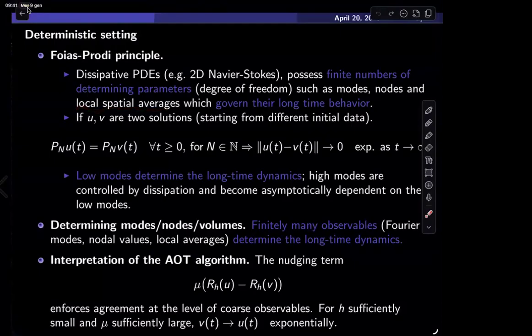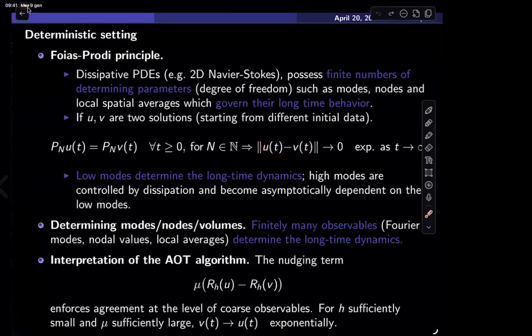And these finite numbers of determining parameters govern the long time behavior of the equation. What they prove is that if you consider two solutions of the Navier-Stokes equation starting from two different initial data, and they agree on the low modes, so on a finite number of directions, then when time goes to infinity, the two solutions converge.